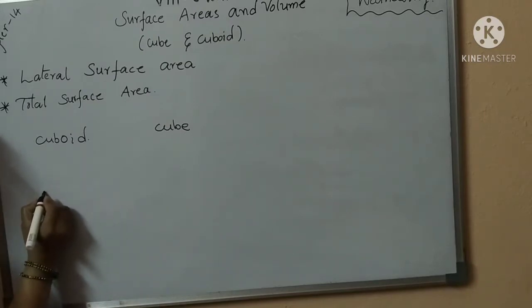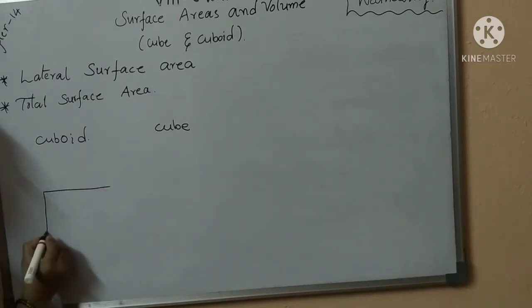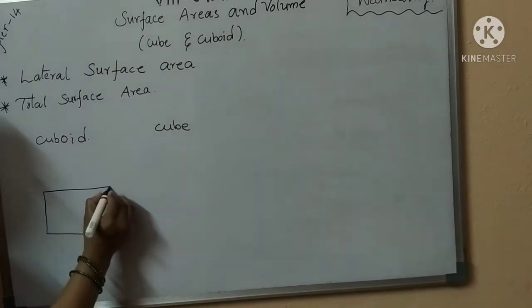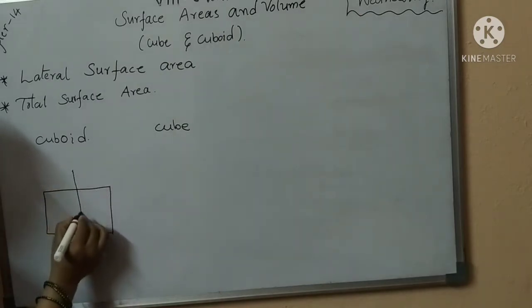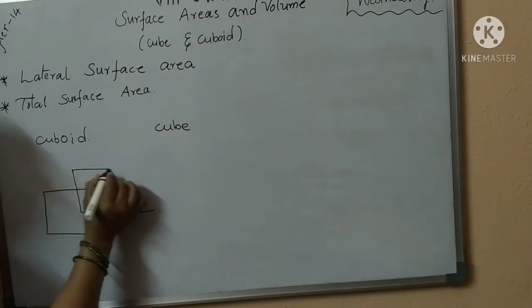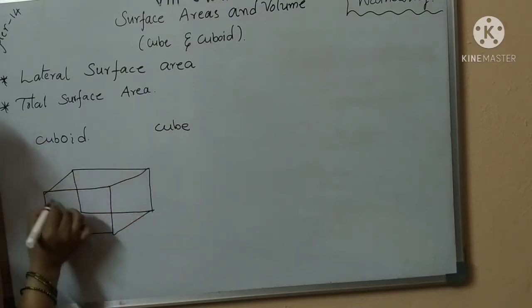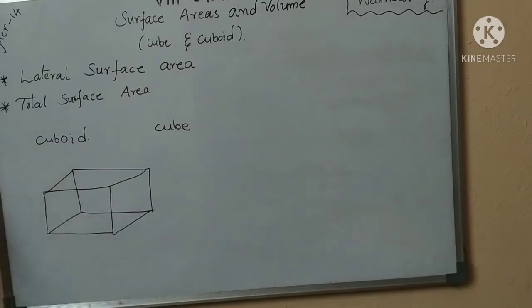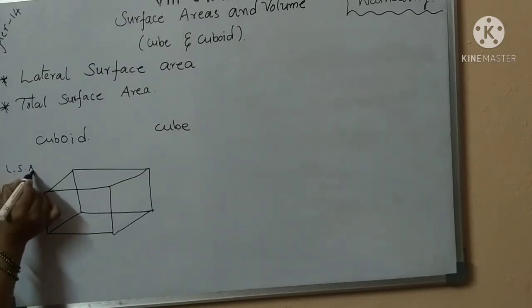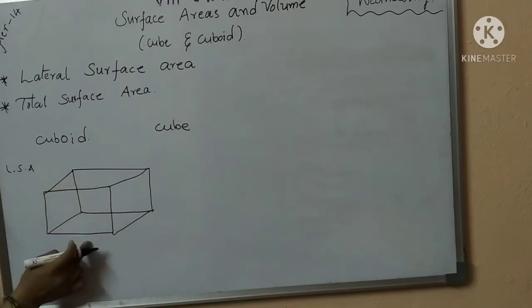So here I draw the cuboid diagram. Look at the board, all of you. It is a cuboid. For example, a duster or a matchbox. Lateral surface area means except top and bottom.